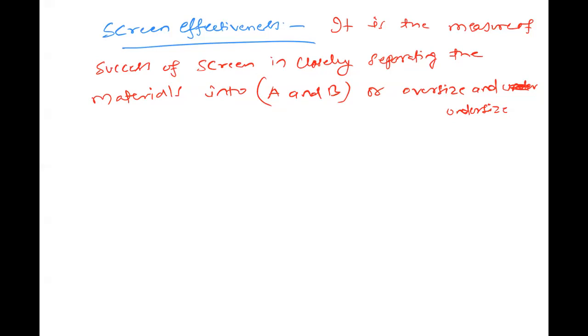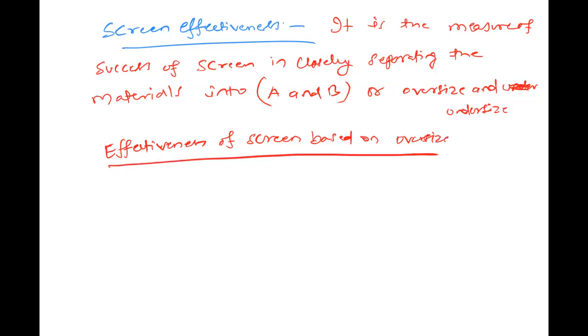So if I define effectiveness of screen based on oversize, what will be its answer? Effectiveness of A, represented as E, screen effectiveness.